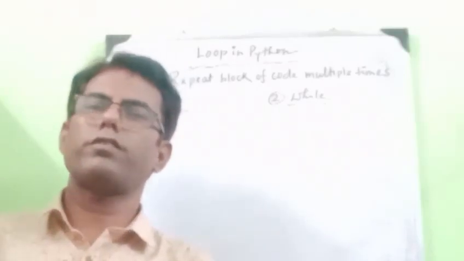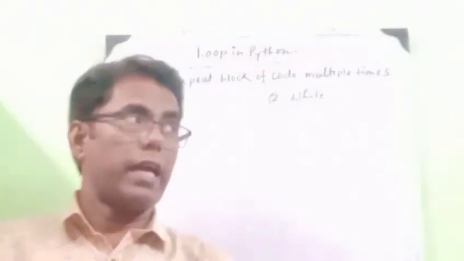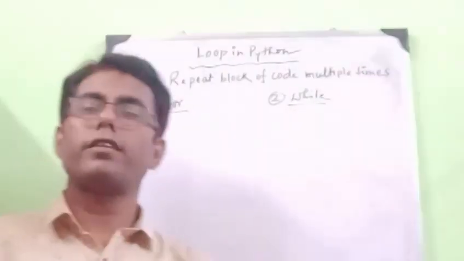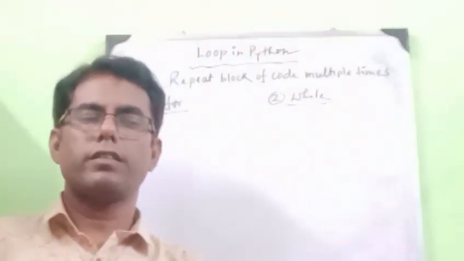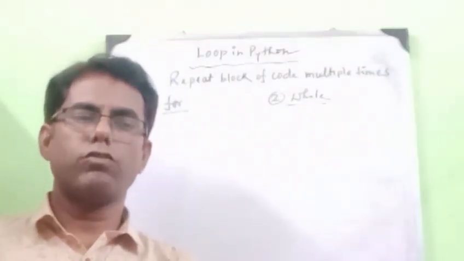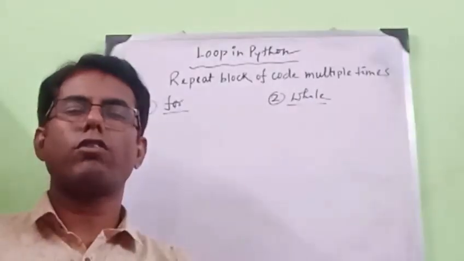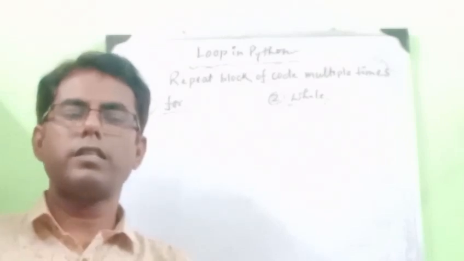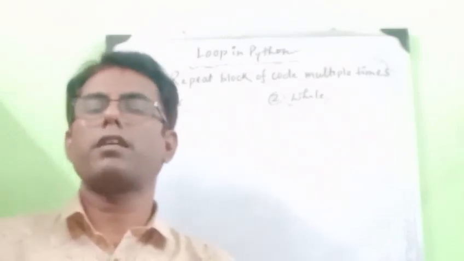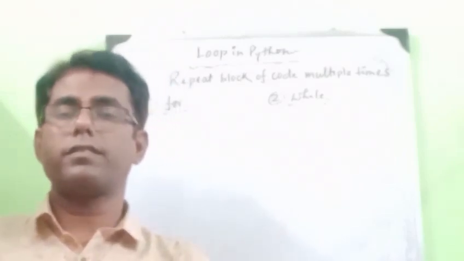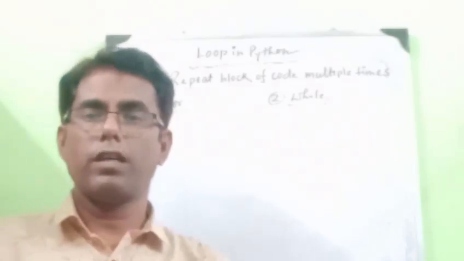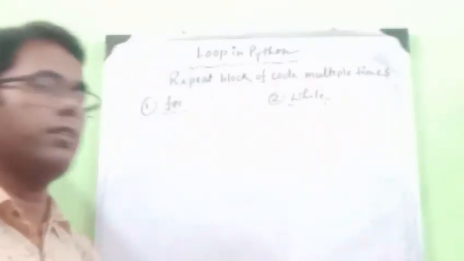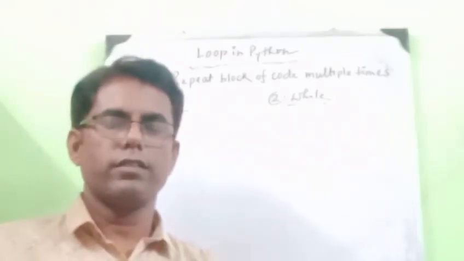And in case of while loop, we use it in situations where the code will repeat the block of code until the condition becomes false. So that is the main difference between while loop and for loop.